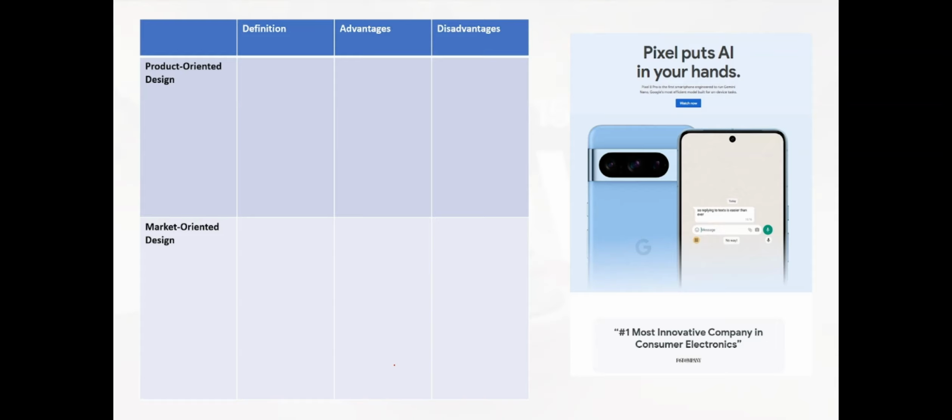Before we go on, we should go through the definitions. I've put some advantages and disadvantages here in context with the case study that you will read. There's a nice graphic over here, which I have taken from Google's website this morning. And here we can see there's a nice quote from someone: number one most innovative company in consumer electronics.